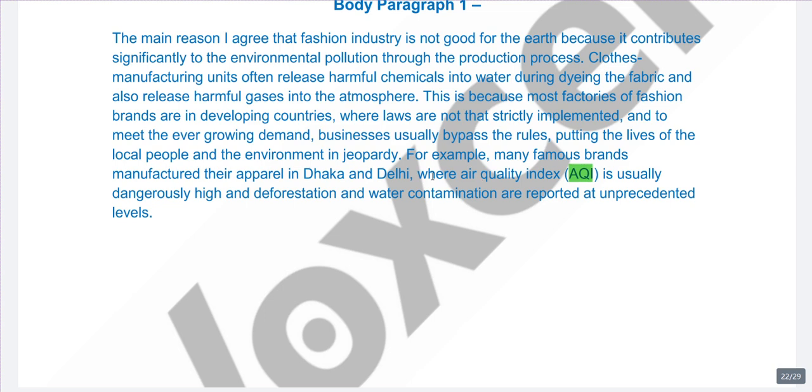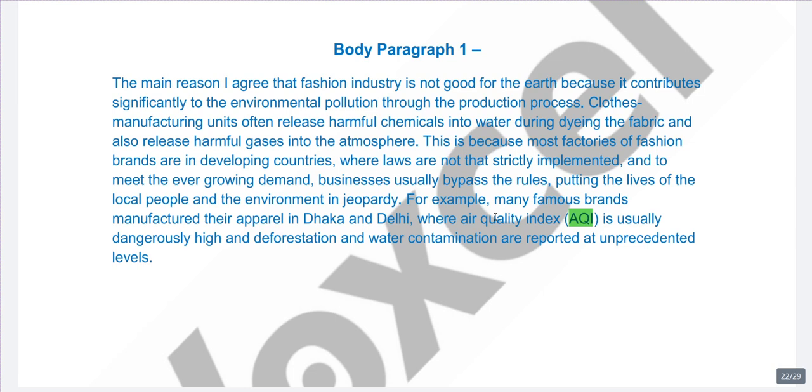So if you're living in these cities, or if you know about the AQI in these cities, you should know that they are dangerously high, and the deforestation and water contamination are reported at unprecedented levels. I hope you are able to understand this body paragraph 1.